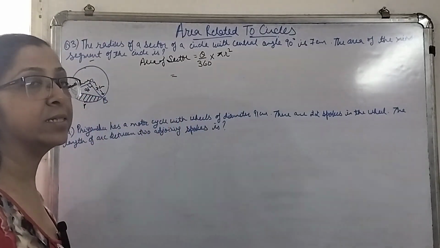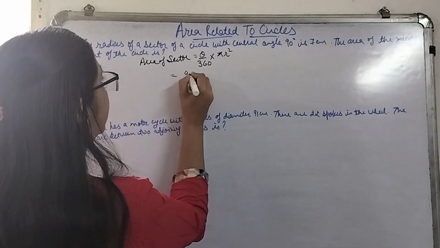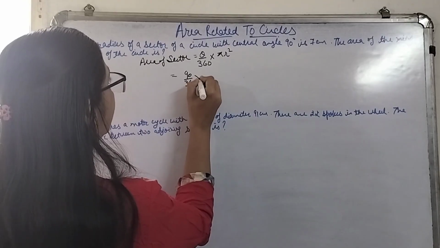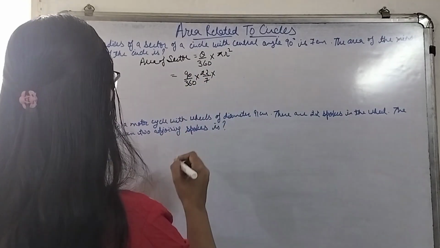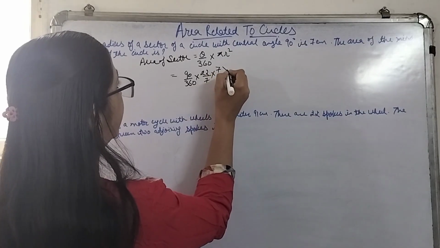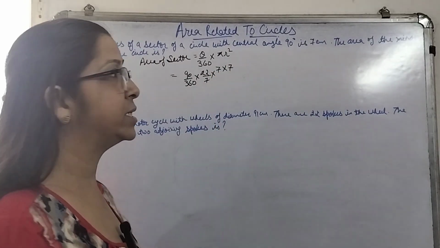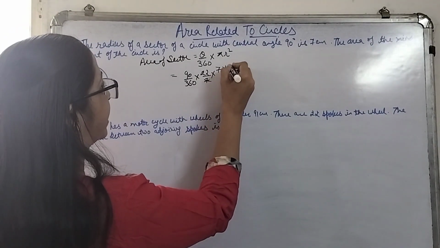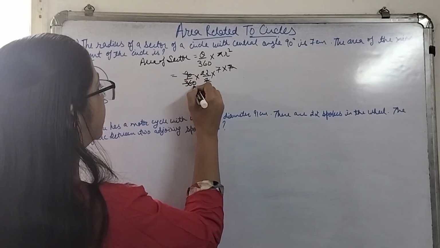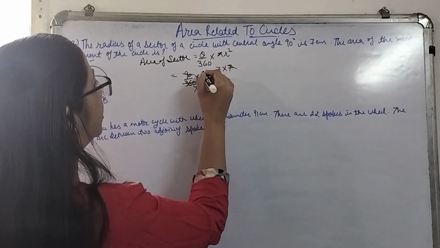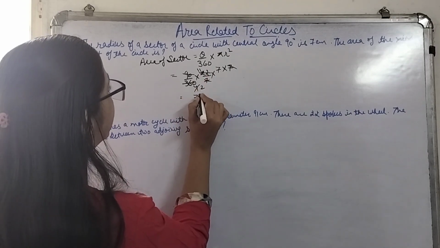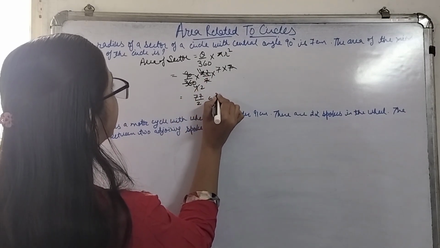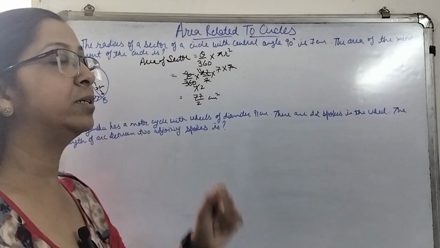Theta is given to us as 90 degree, the central angle. 90 over 360 multiplied by pi, which we are taking as 22 by 7. The value of r is 7, so r square is 7 multiplied by 7. One of the 7 will be cancelled. 4 9s are 36, 2 2s are 4, 2 11s are 22, so it will be 77 over 2 centimeter square. This is the area of the sector.